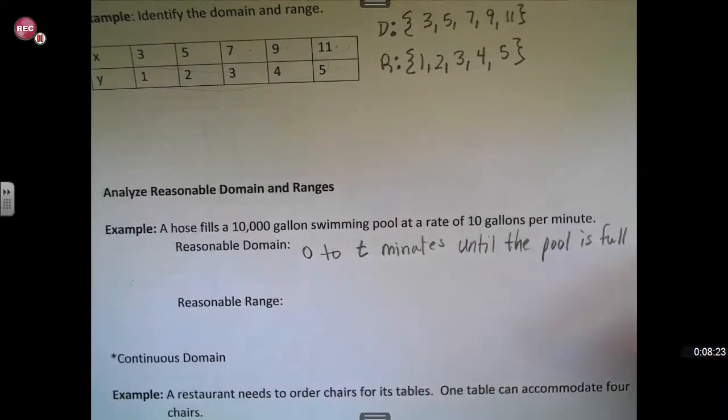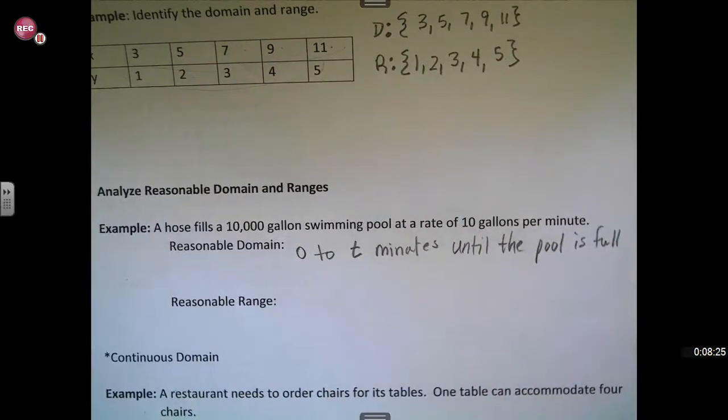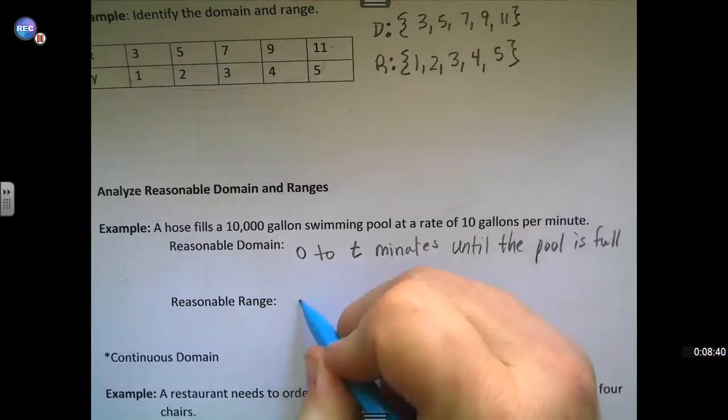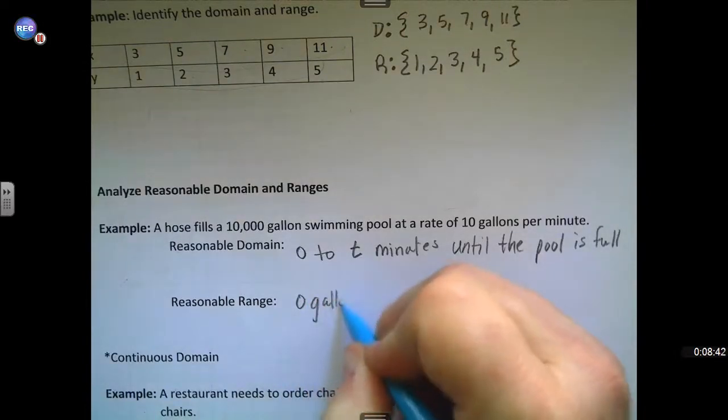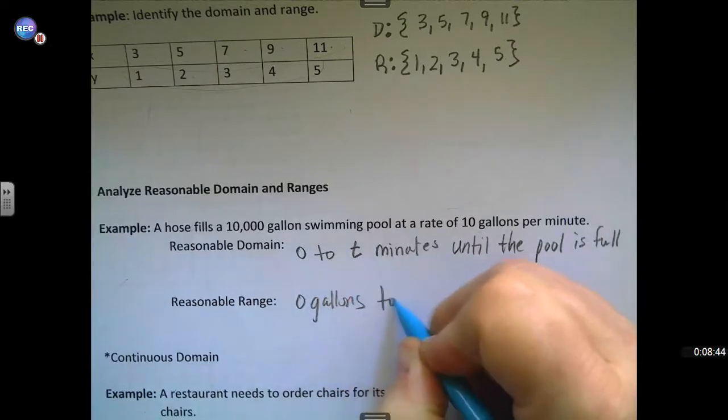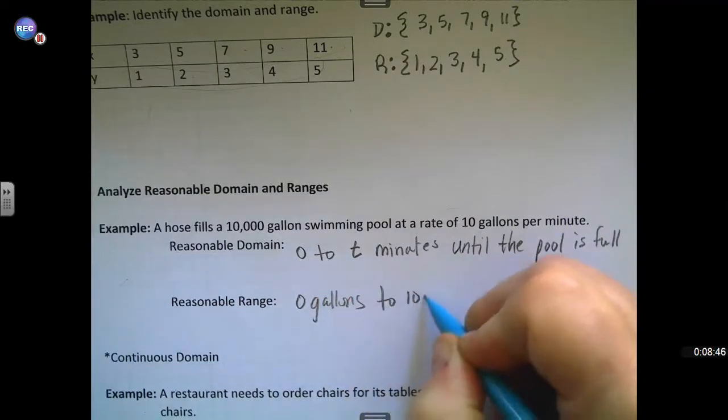So how much time passes determines how much water's in the pool. The range then is how much water's in the pool, and we start out at 0 gallons, and it's full at 10,000 gallons.